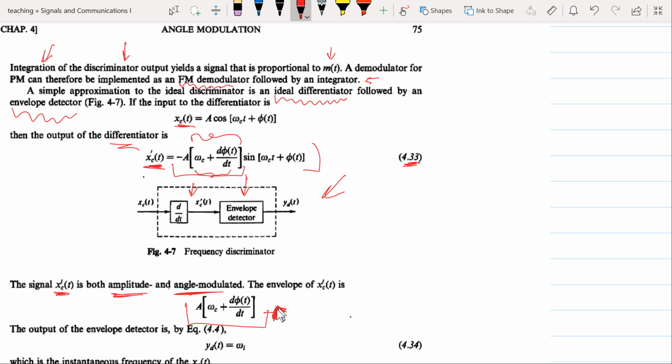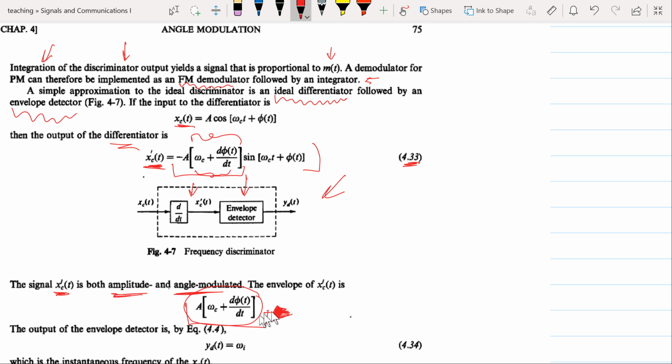We can detect the message signal from this envelope, because phi of t is the one that varies with the message, and therefore we can integrate it to get our message signal.